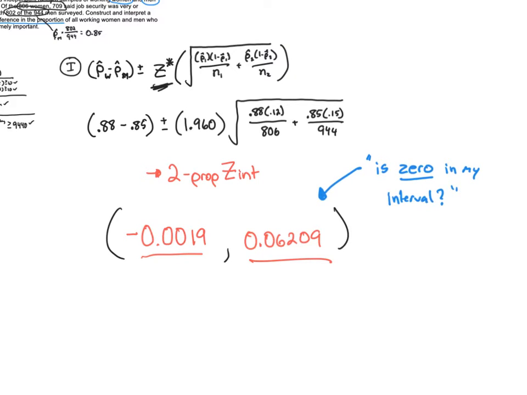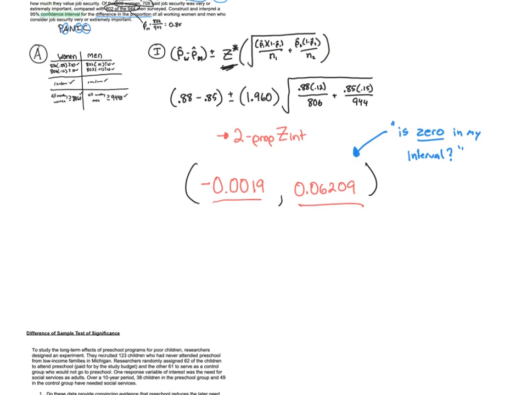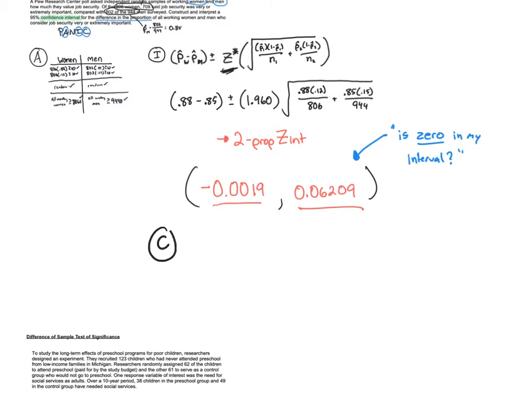All right, I always want you to think that, because if 0 is in your interval, there is a possibility that men and women are the same, that the difference in their proportions equals 0, which would make them the same. 0 is in this interval, so there is a good chance that women and men are the same. Okay, so I want you to just take that into account. All right, let's finish this off with a good old conclusion.